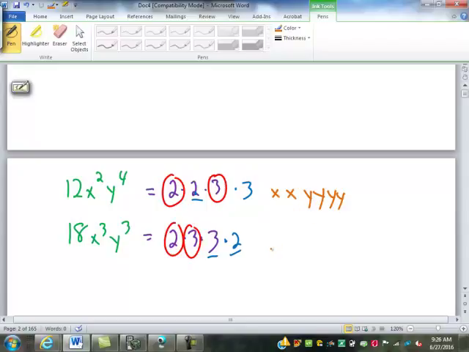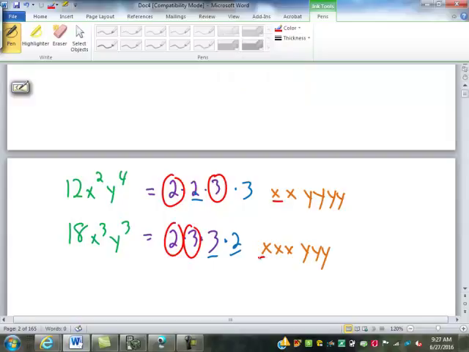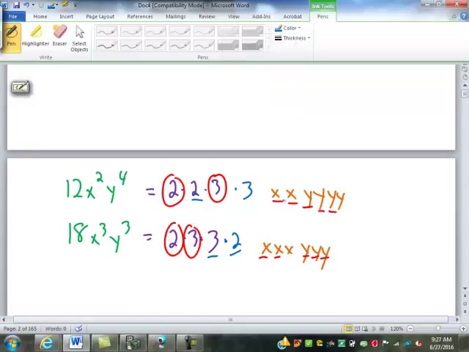What's that got to be? 3 x's and 3 y's. We can handle this just the same as with the numbers. We've got an x, another x, a y, another y, and a third y. What's left over on top? We've got an extra y up here, so put that down here. On the bottom, we've got an extra x, so put an extra x up here.